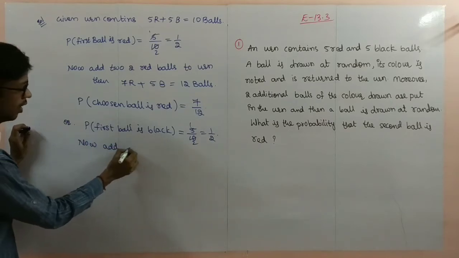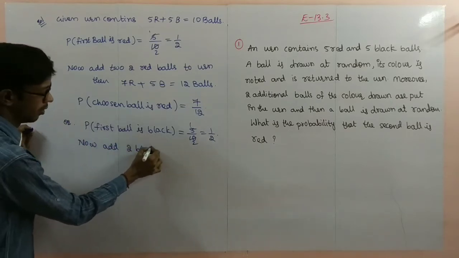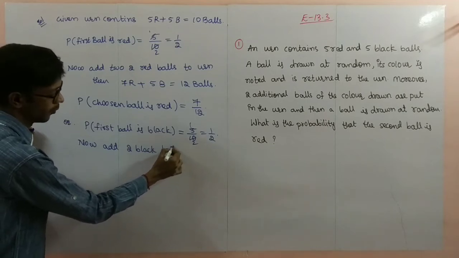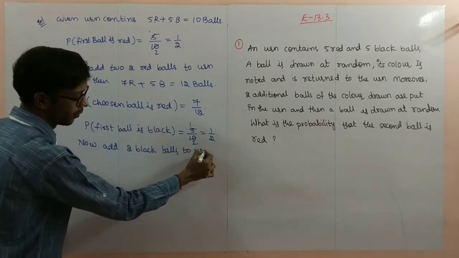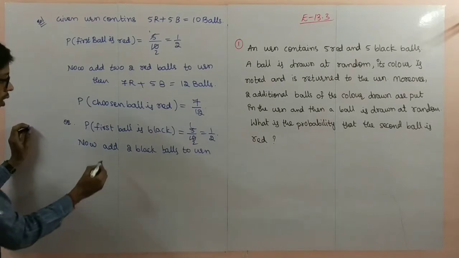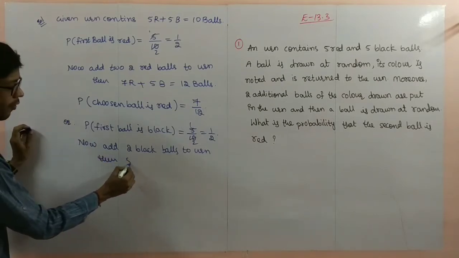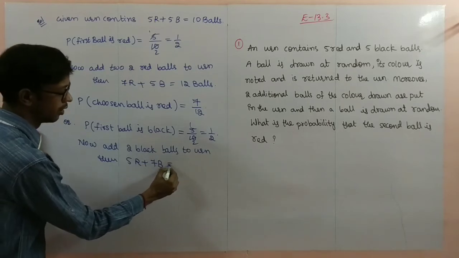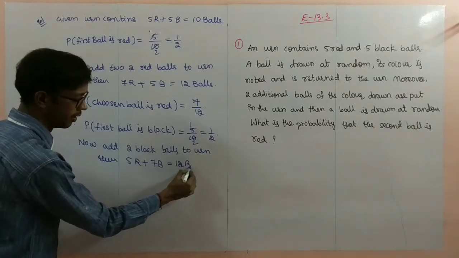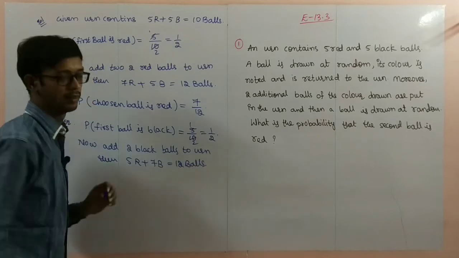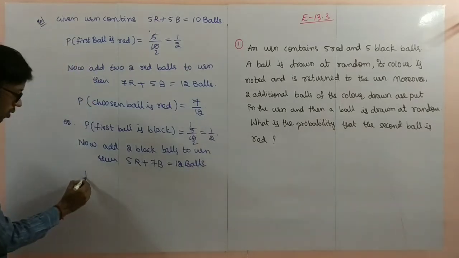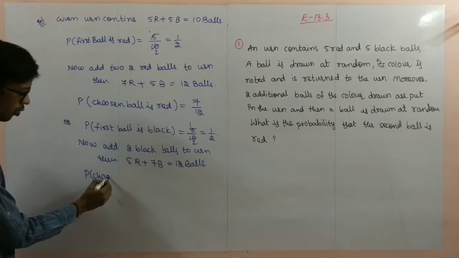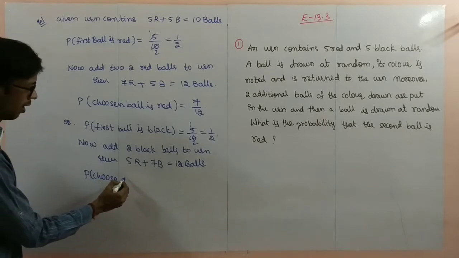Now add 2 black balls to the urn. Then what you'll get? 5 red balls plus 7 black balls. The total is 12 balls.